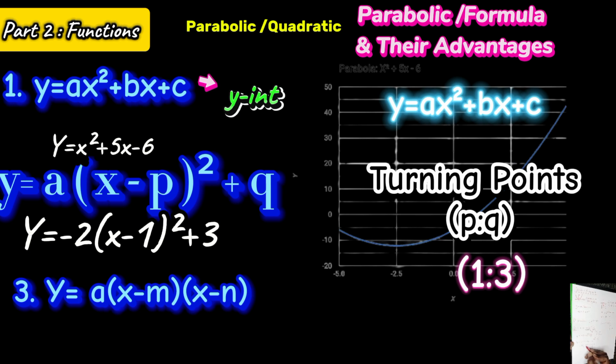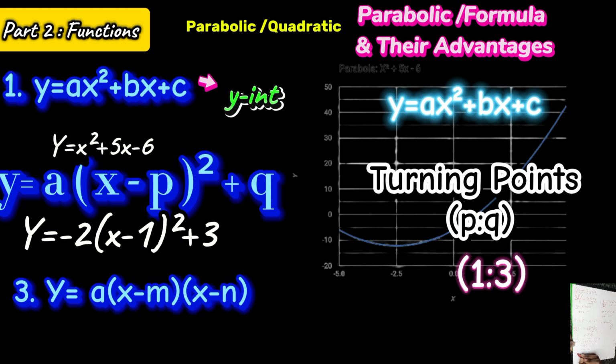If you have y as 0, we are looking for what? The x-intercept, because if we are looking for the x-intercept, we let our y be equal to 0. So if we are given this kind of formula in your exam or anywhere else, just know that your m and your n are going to be your x-intercepts of the graph.